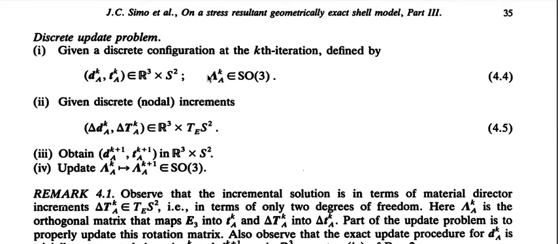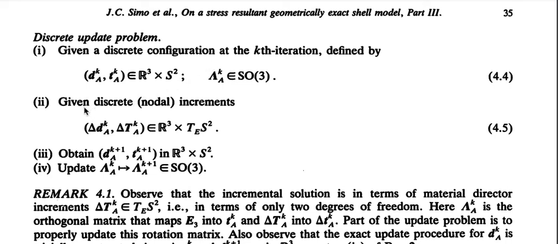Let us also quickly look at the configuration changes which are happening in the process. We have a kth configuration of the shell, phi k, which is represented by dk comma tk. Dk represents the mid surface, which is a 3 cross 1 vector, and tk represents the director vector. So this belongs to R3 cross S square.